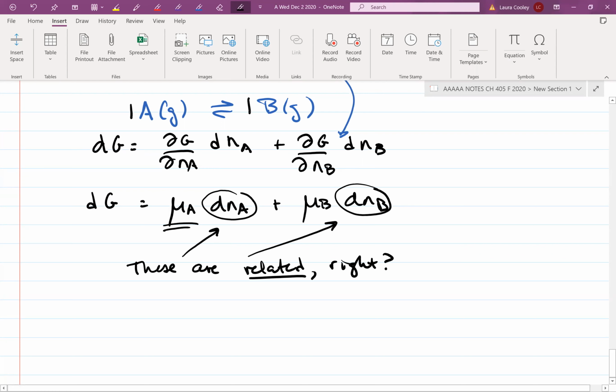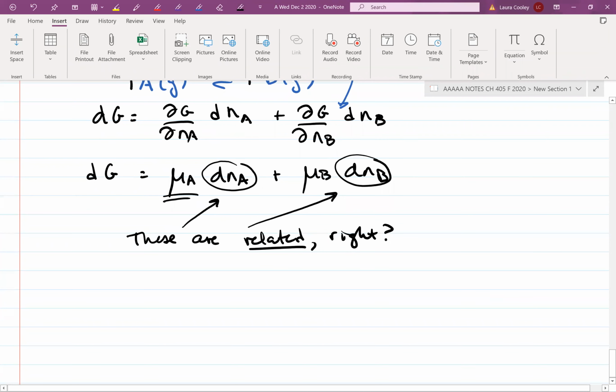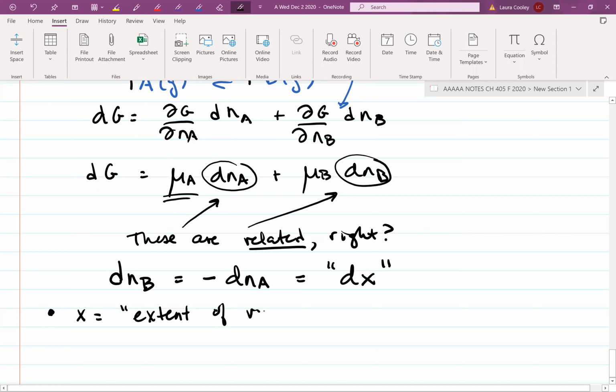Whatever moles of A are lost, that many moles of B is how much B increased by. So really, the change in moles of B is the negative of the change in moles of A. And we're just going to call this dx, and we say that this x is the extent of reaction parameter.